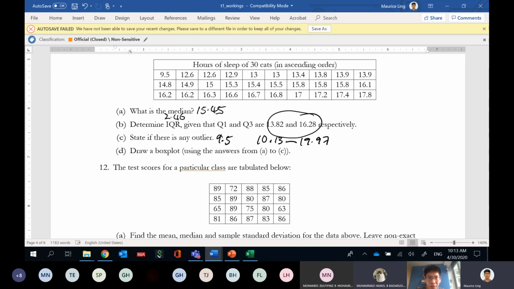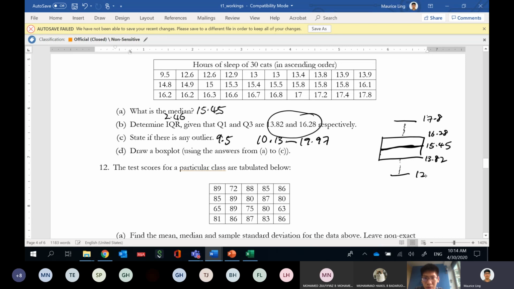All right. So if you were asked to draw a box plot, this is how the box plot is supposed to look. You have a box. The median is already given, 15.45. Here the third quartile is 16.28, and the first quartile is 13.82. Then you have the whiskers. This will be 17.8, because actually it's 19 point something, so you take the next lower number.